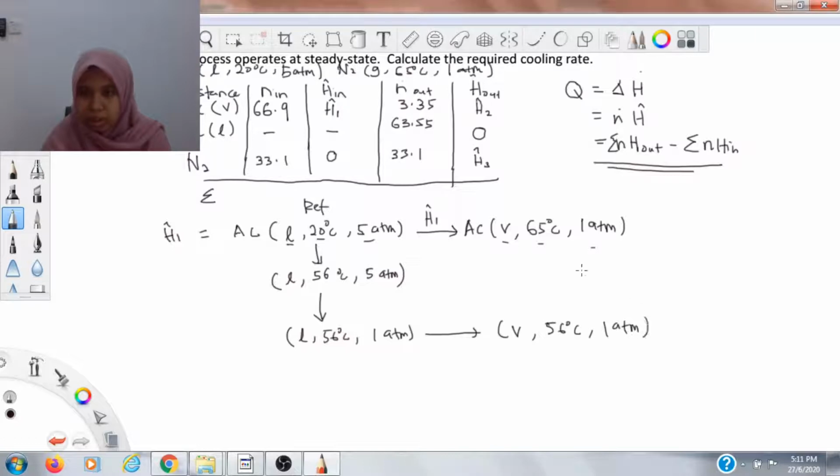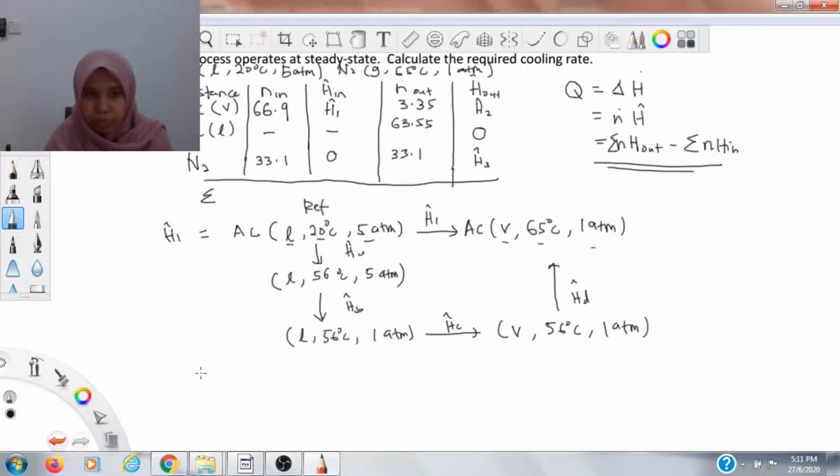Have we achieved the main condition? Not yet, so we have to put another arrow, which represents the change of temperature from 56 to 65 degrees C. Now we have HA, HB, HC, and HD.